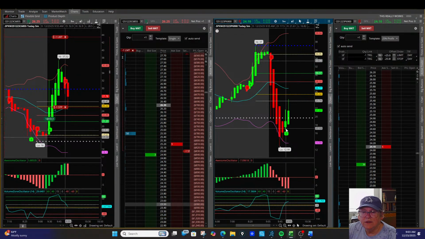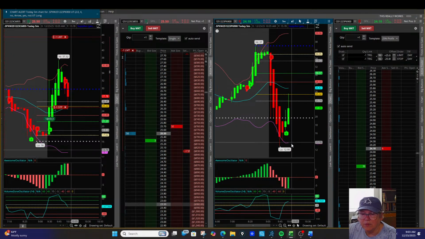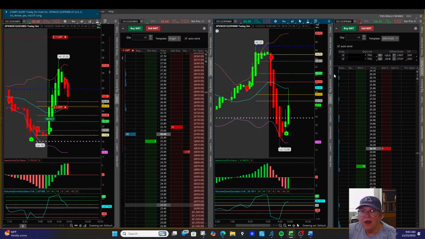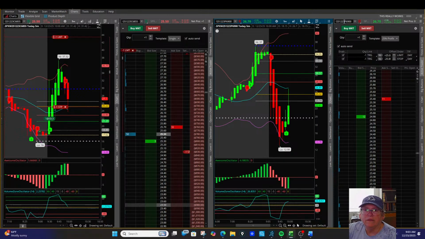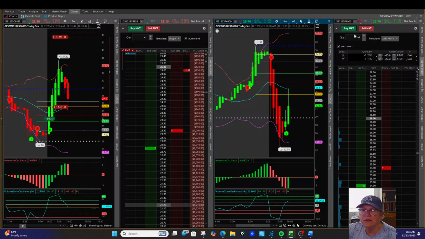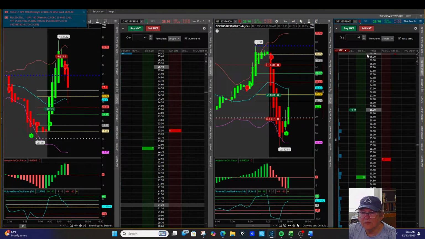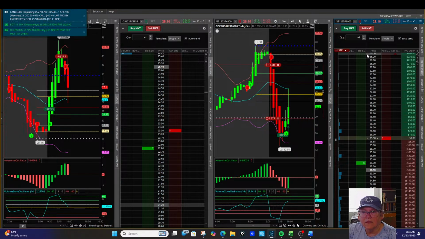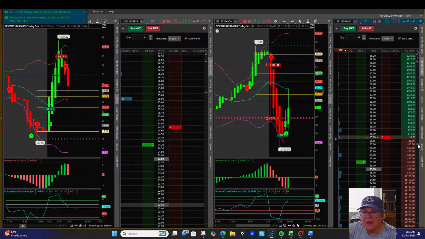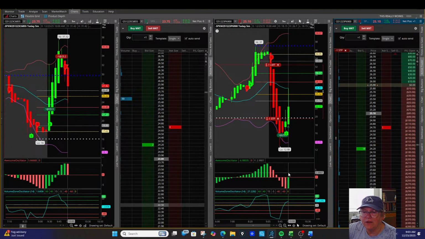Now the puts have started to head up. There we go. We've got a green bar there. If I had the chance to do this, I would get one contract of this one. Because it is at just the right spot and there's a buy signal, all the planets are lining up.